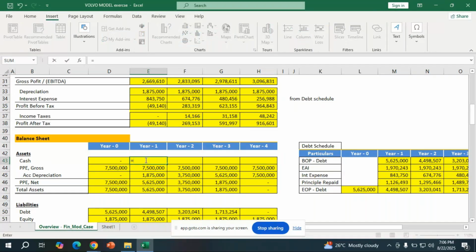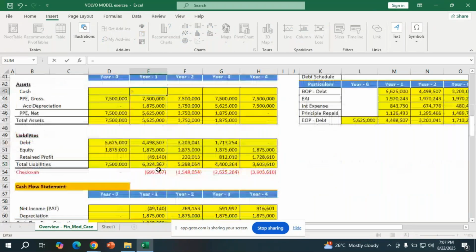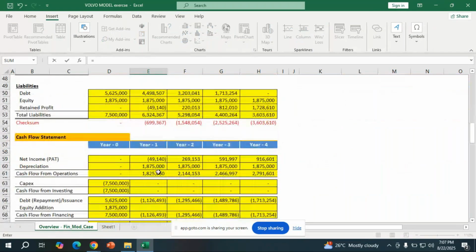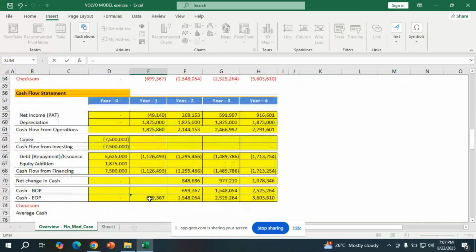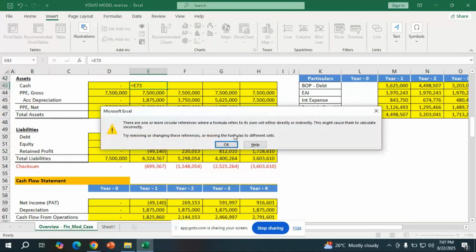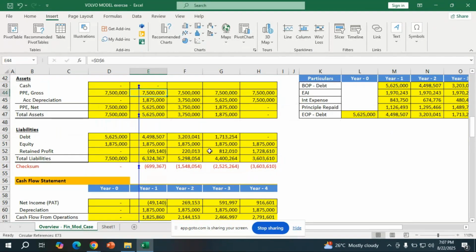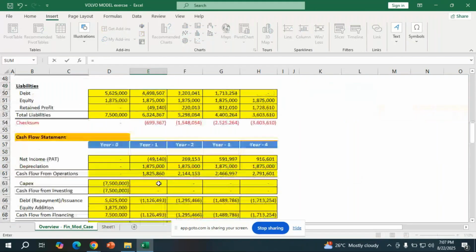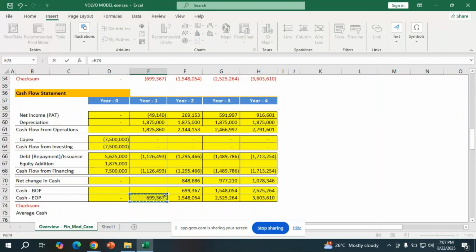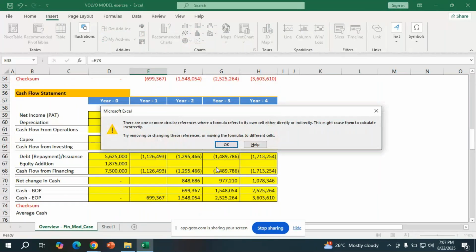Put up equals to what is your year one balance, cash balance. So it's here, right? This one. End of the period. That's all. Give the cell reference. Okay. 1 second. Equals to. Yes, so you can put up here. Okay, I think maybe some issues are there, not an issue.